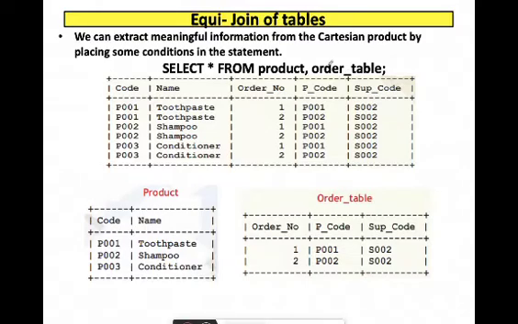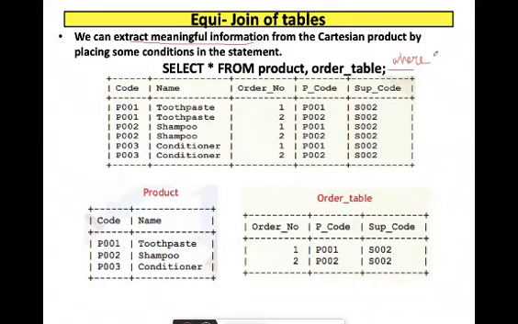So we can extract meaningful information from the Cartesian product, in which every row of the first table is joined with every row of the second table, by placing some conditions in the statement. That is, after joining the tables, after applying this much query, here we put a condition using where to extract meaningful information.